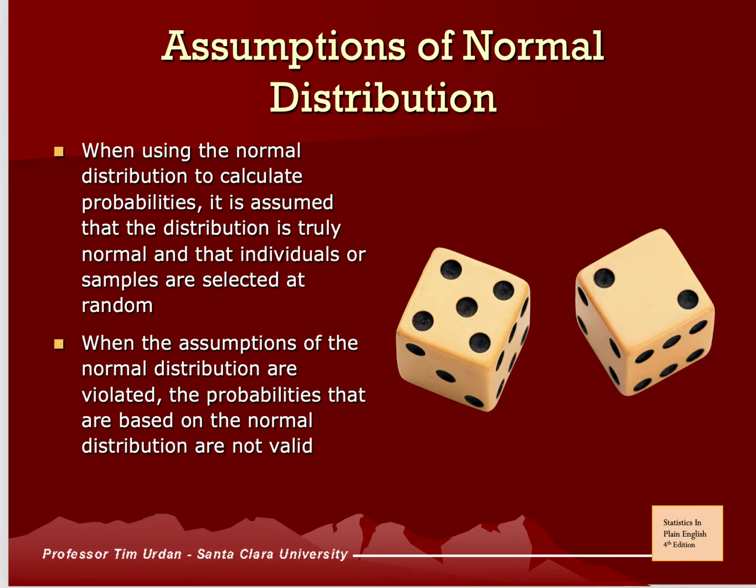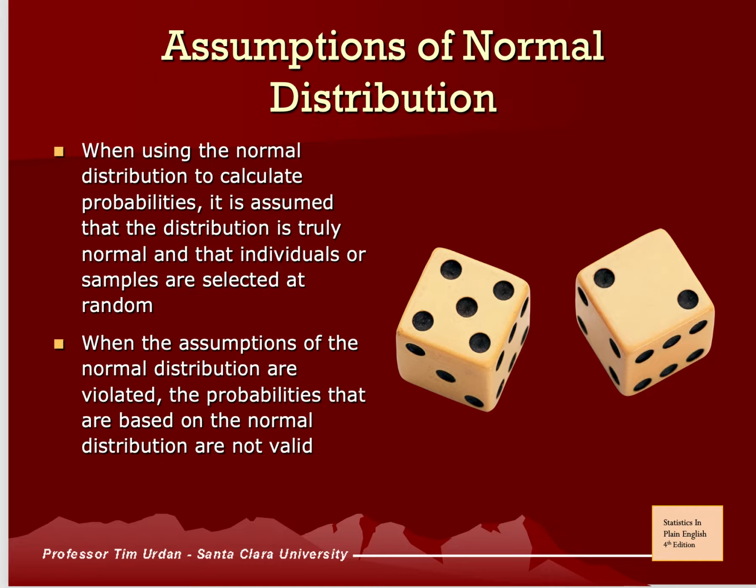So in order to make this normal distribution force happen, we have to make some assumptions. When we're using the normal distribution to calculate how likely it is that something happens, we're going to have to assume that it's normal. So that's a basic premise. We have to assume that it's normal, even if it's not, which seems really counterintuitive, right? Which means that I have to assume that it was random sampling.